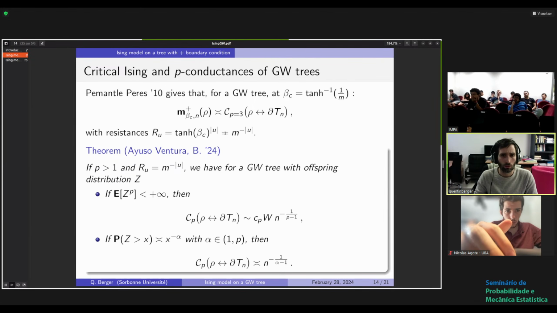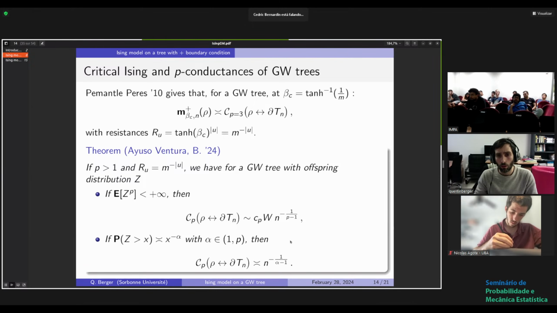Okay, so the signs are incorrect, but it's not that important. And so we are able to estimate quite precisely the p-capacity of a Galton-Watson tree. We show that it decays like n to the power minus 1 over p minus 1 if the Galton-Watson tree has a finite p moment, and otherwise it decays slower.